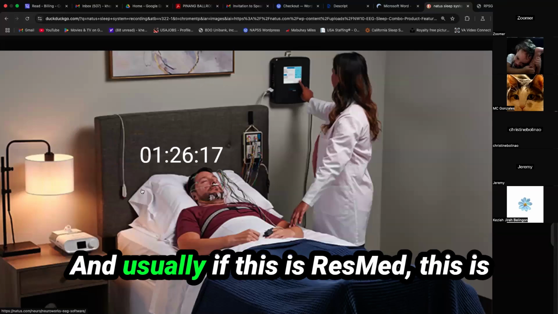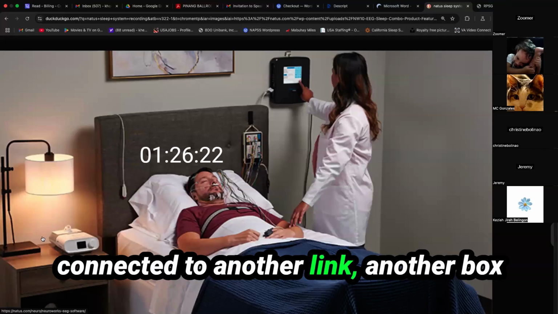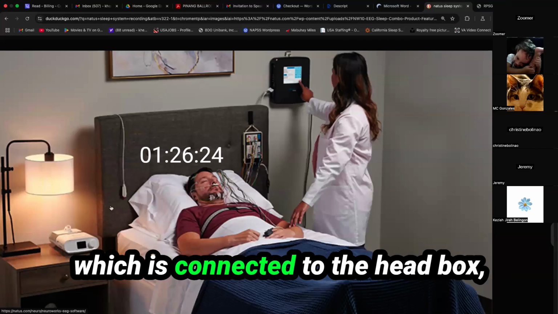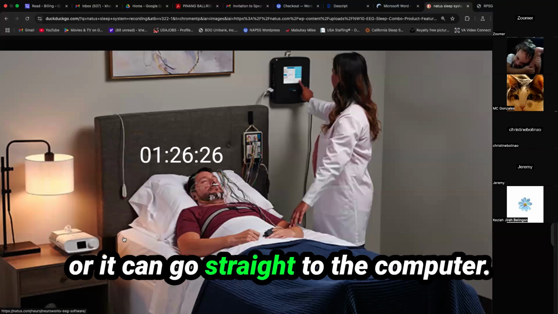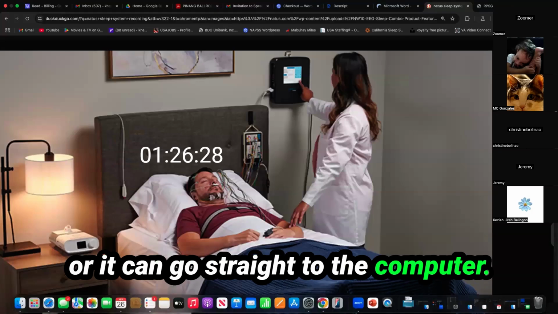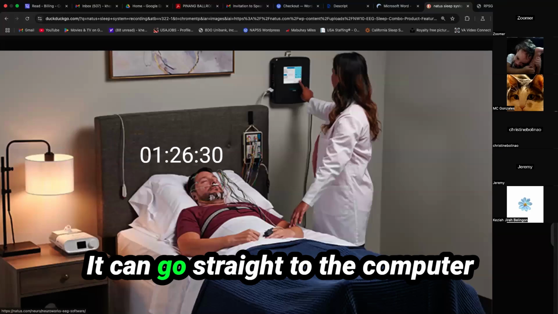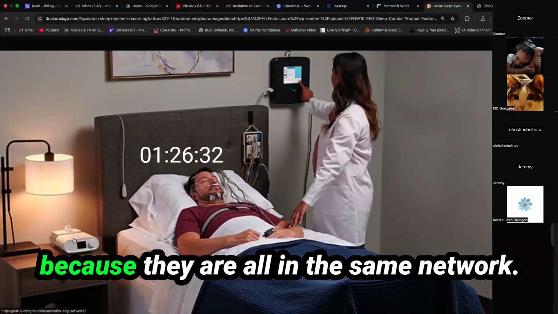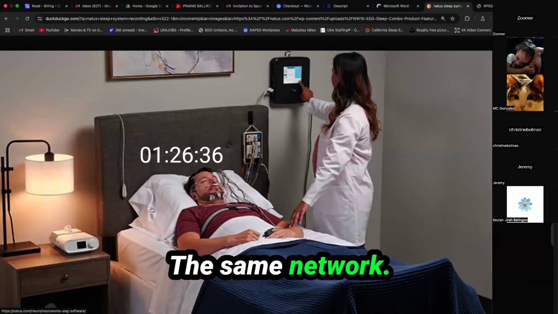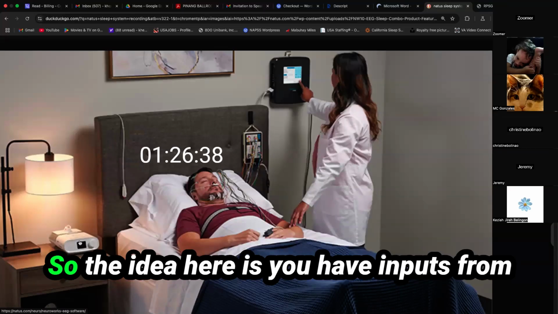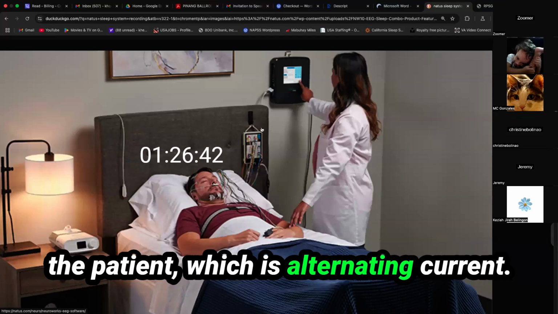Usually, if this is ResMed, this is connected to another link, another box, which is connected to the head box, or it can go straight to the computer. It can go straight to the computer because they are all in the same network. So the idea here is you have inputs from the patient, which is alternating current.